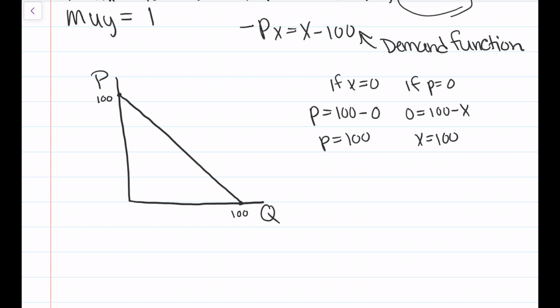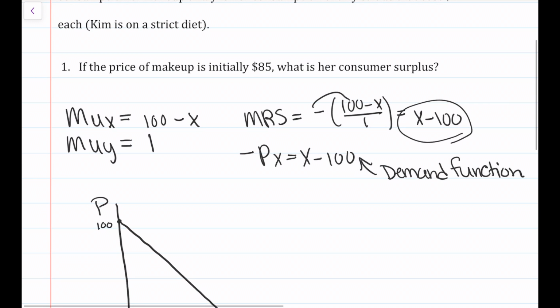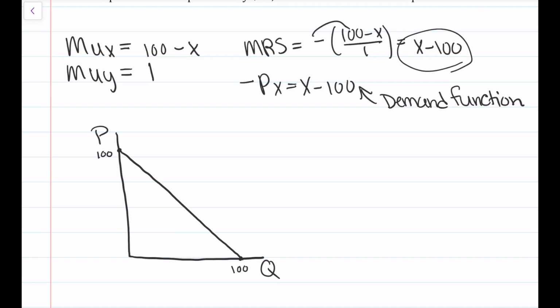Okay, now that we have that, I'm going to erase this to give us some room. We are going to see what her consumer surplus would be if the initial price of makeup was $85. In order to do that, we set the price ratio equal to her marginal rate of substitution.